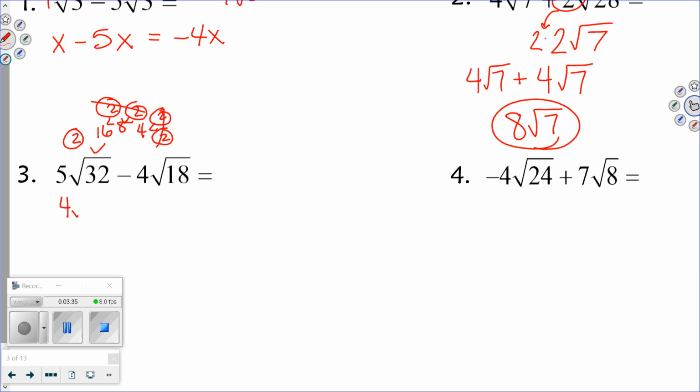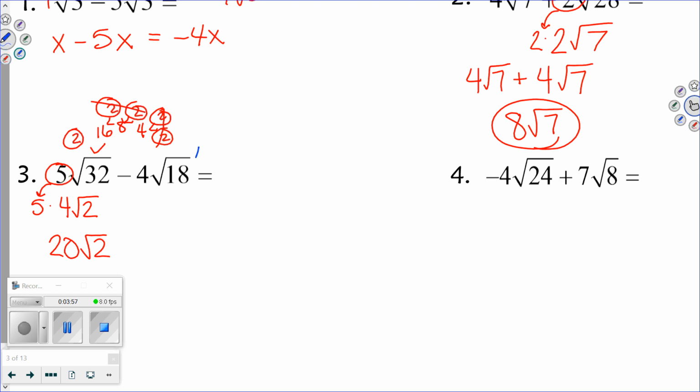I have a leftover 2, and then I still have this 5. So I get 20 radical 2. Okay, and then we have the other one.